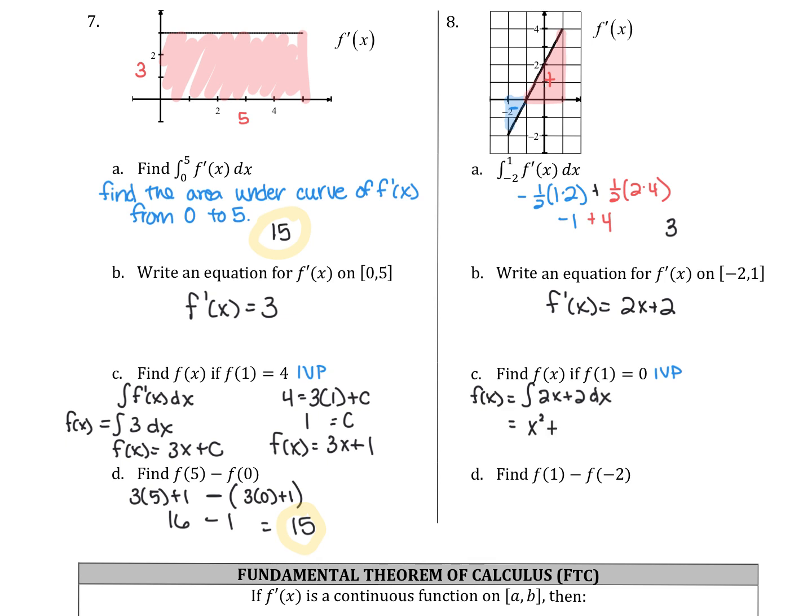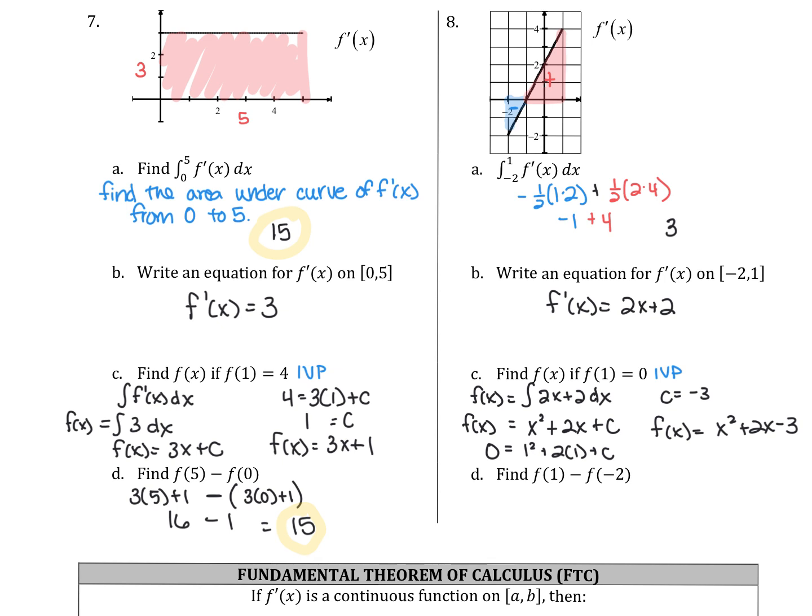Plus, go add that x plus c. And here's my function. But I want to evaluate that at my initial value. So I'm going to set up 0 equals 1 squared plus 2 times 1 plus c. Solving this, we get c equals negative 3. So my function is actually x squared plus 2x minus 3.